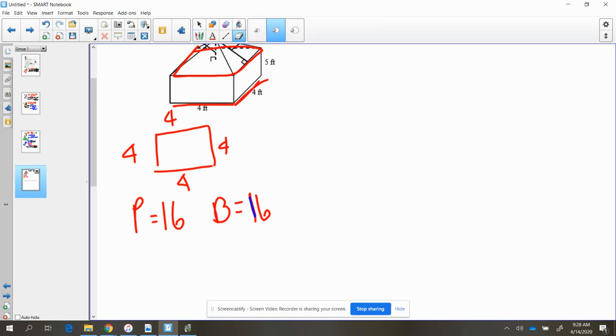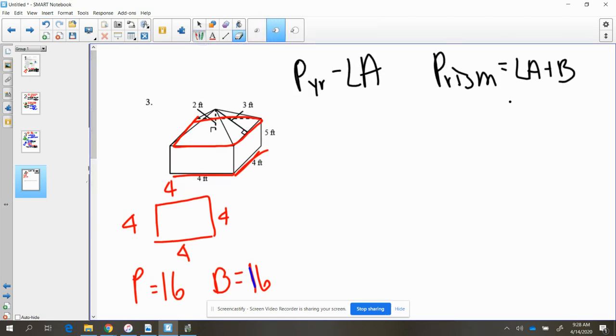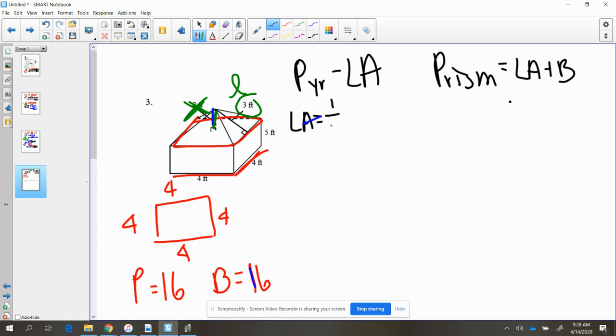The slant height is given, but they're also trying to be tricksy and give you the height of the pyramid. We don't care about the height of the pyramid. We care about the slant height of the pyramid when it comes to lateral area. So for this pyramid, in order to find the lateral area, it's 1/2 the perimeter of the base times the slant height of 3, for a total then of 24 square feet.